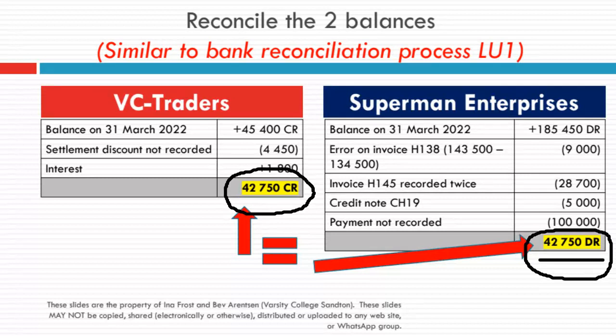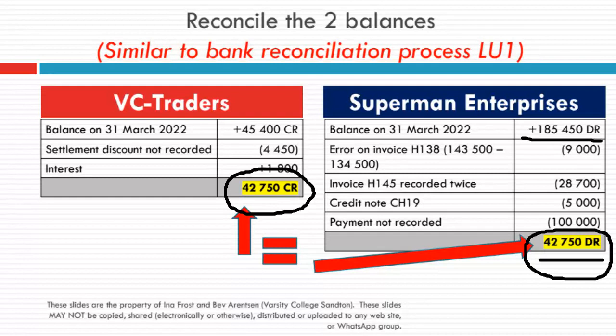And if we want to make a further payment to Superman, we'll then use this reconciliation that we've prepared as our remittance advice. We will then email this to Superman Enterprises together with our EFT confirmation slip, so that they will then understand why we are only paying them 42,750 rands and not the full 185,450 rands that according to their records we owe them.